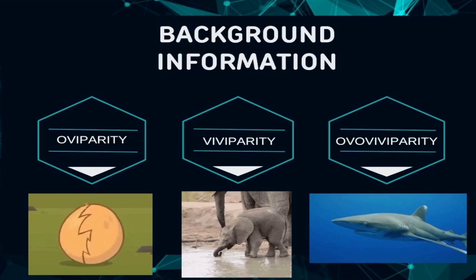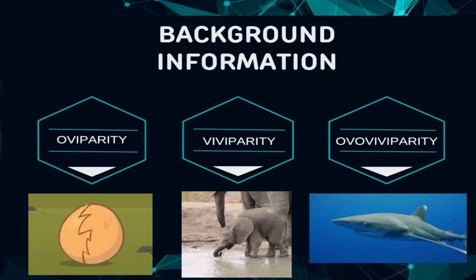Since there is a combination of the egg, internal fertilization, internal development, and then ultimately giving birth, these two concepts are found together. We now call this phenomenon ovoviviparity.